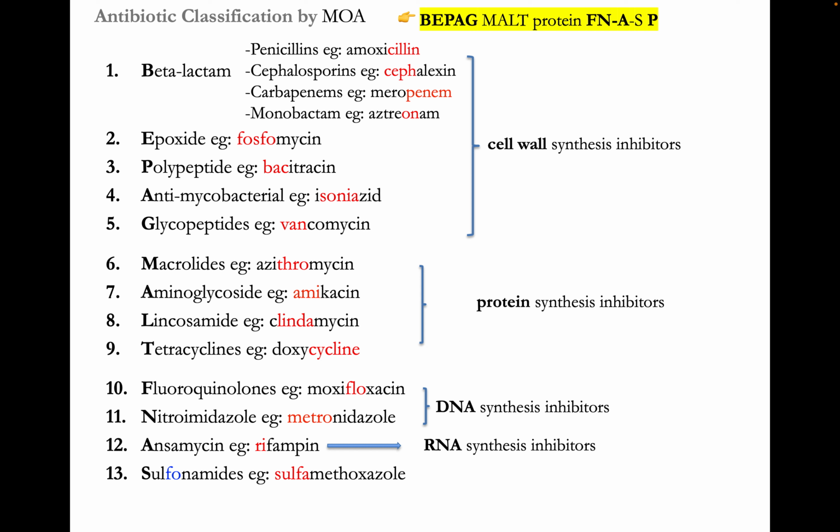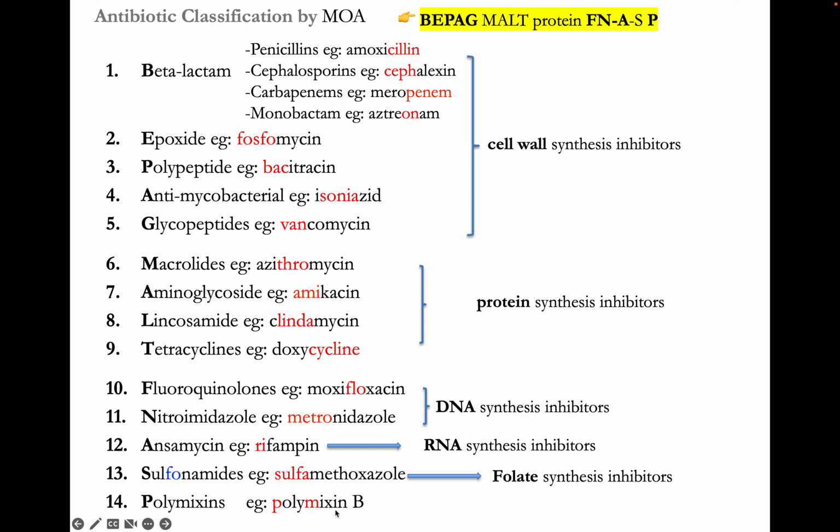Next one, your lucky 13, sulfonamides. Sulfonamides are sulfur drugs, sulfamethoxazole. Here you go. The mechanism of action, how I remember, sulfur for folic acid synthesis inhibitors. The next one, last class, polymyxins. Polymyxin B, similar to tetracycline, the class name and the drug name are similar.